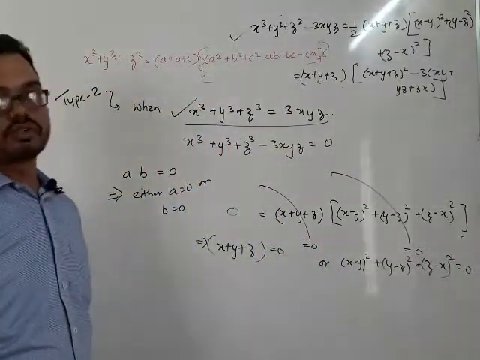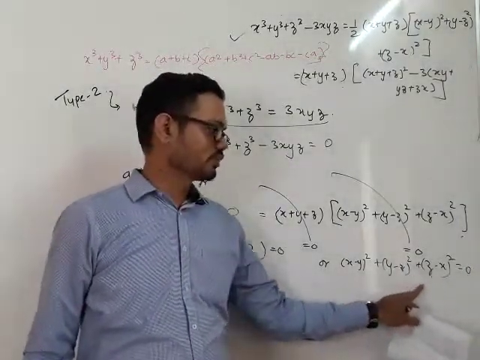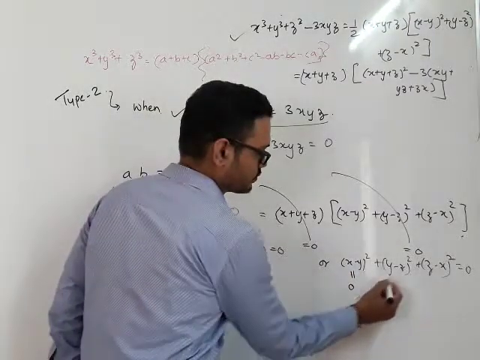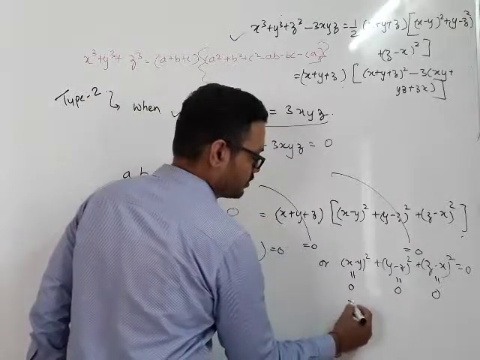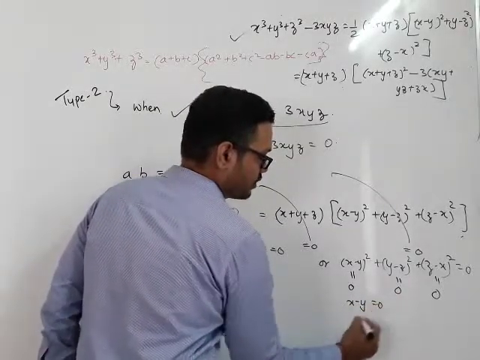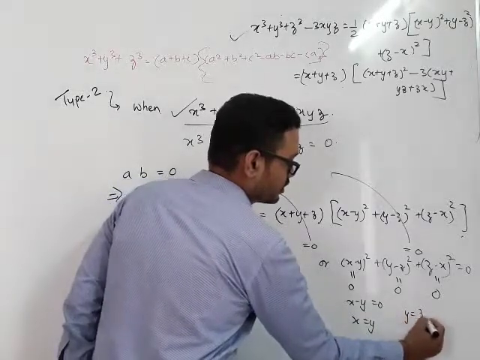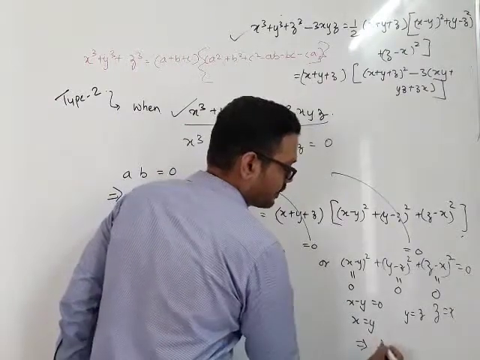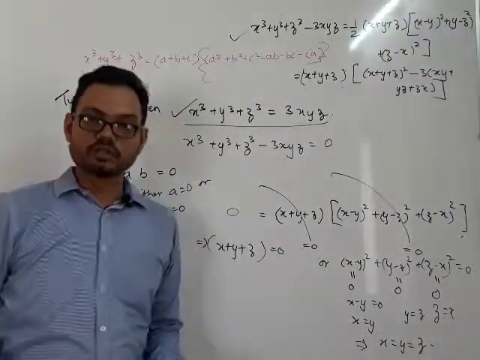In our previous types we have already studied, whenever the sum of the squares is 0, it means each term is 0, and when each term is 0, x minus y is 0, which means x is equal to y, similarly y is equal to z, similarly z is equal to x, which implies x, y, z are all equal.